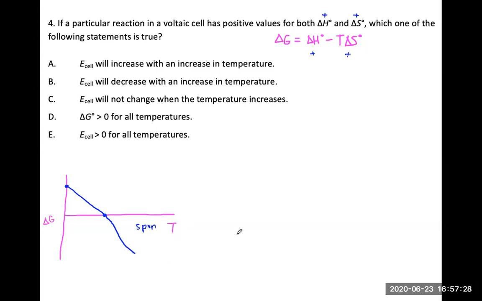And so we see that our reaction becomes spontaneous at high temperatures. And so that's like saying our cell potential is going to be more positive at high temperatures, because a positive cell potential is spontaneous.